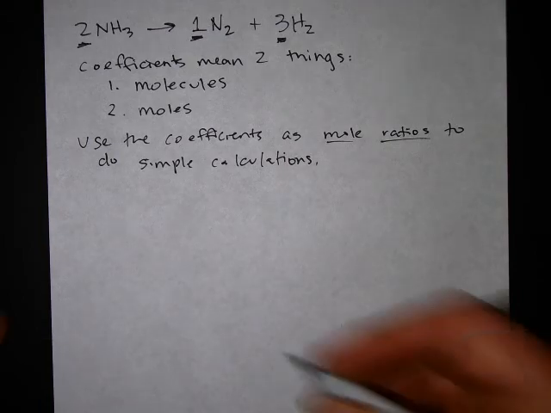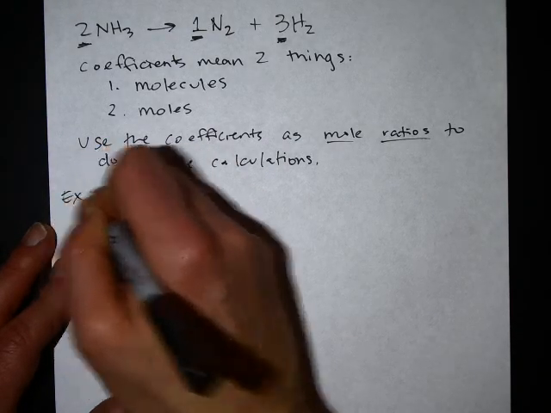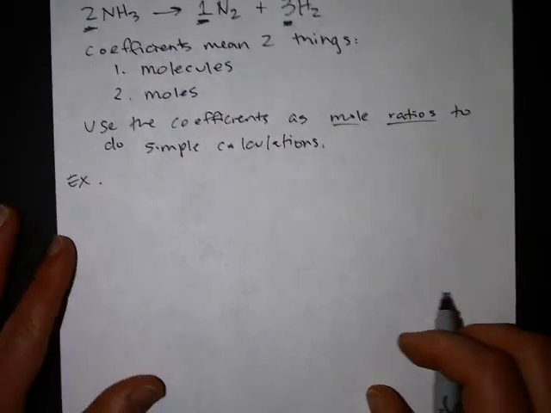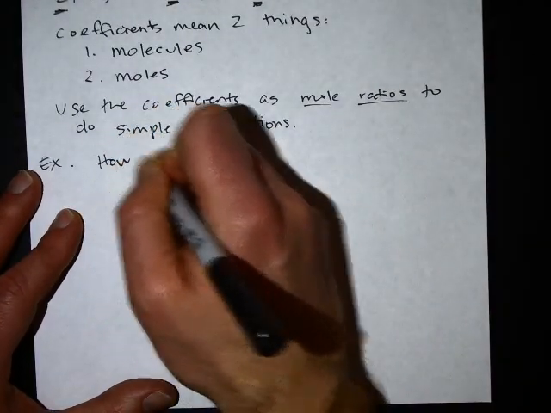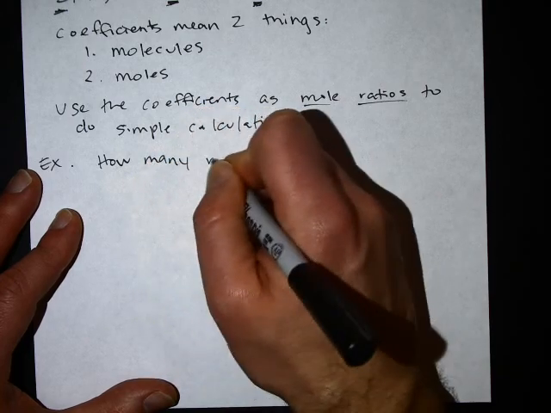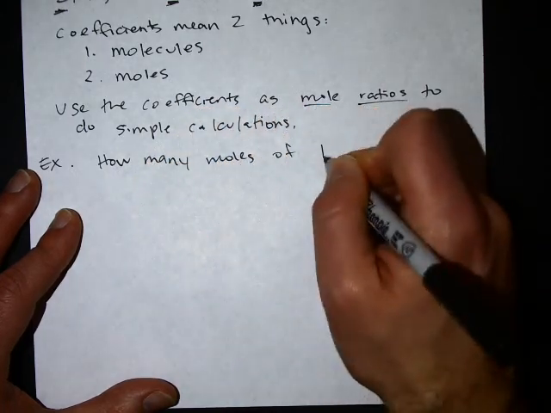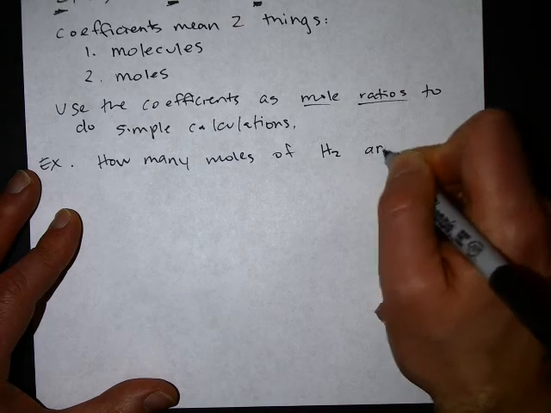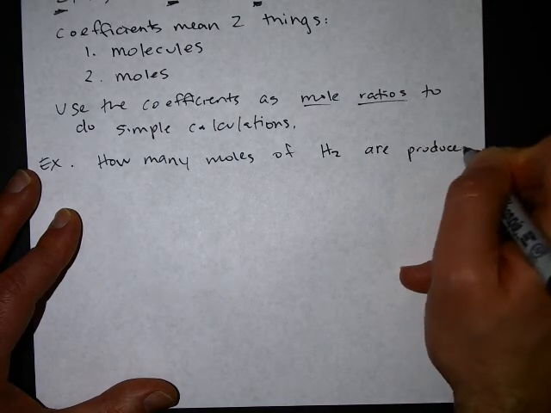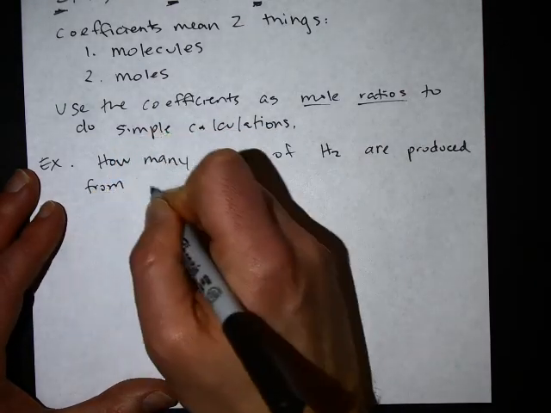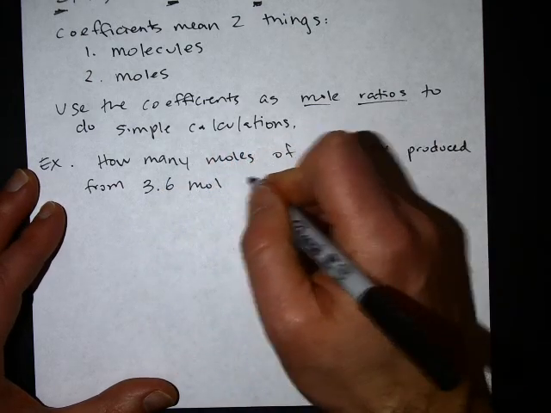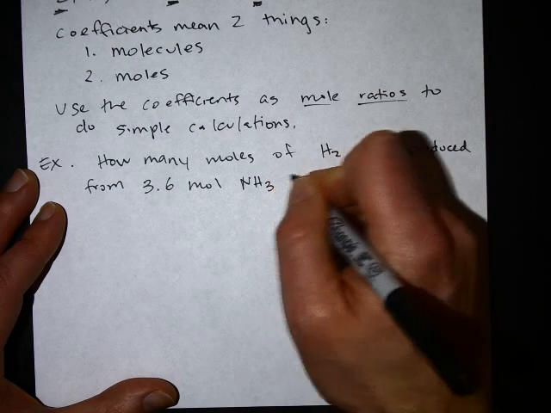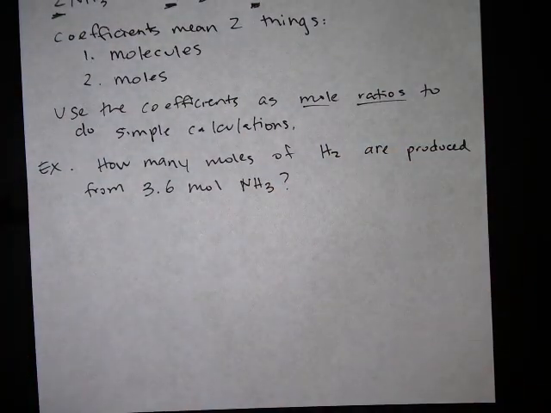So a common example, or I guess the easiest example, example 1. If I asked you how many moles of hydrogen are produced from 3.6 moles of ammonia.